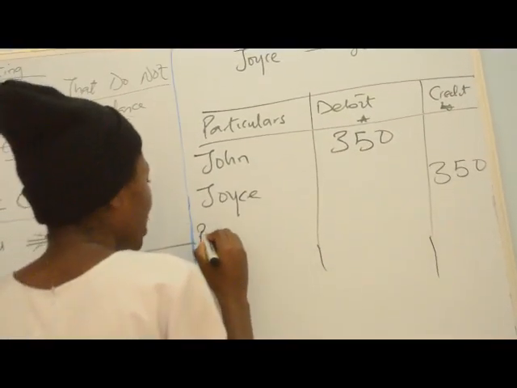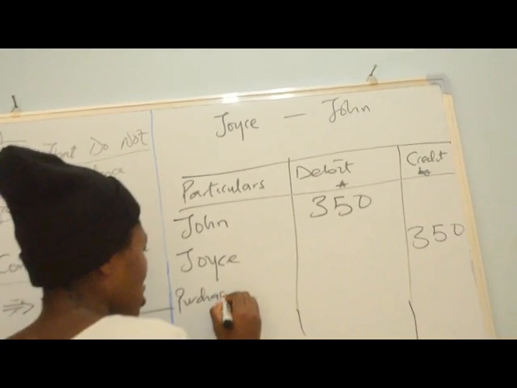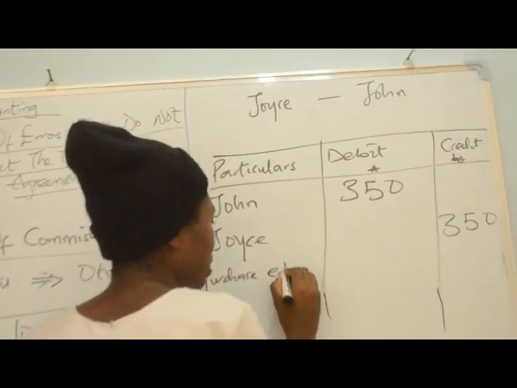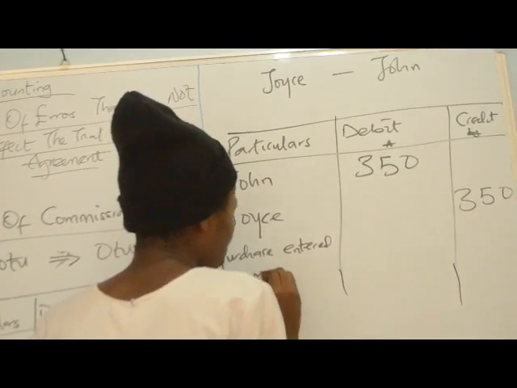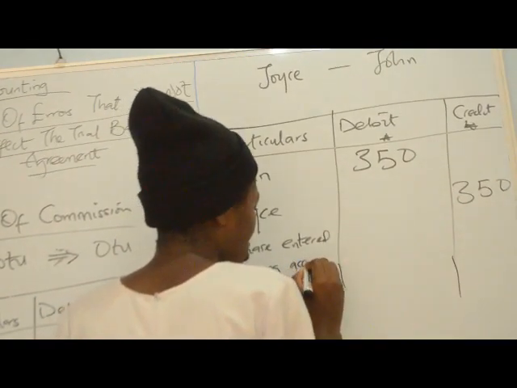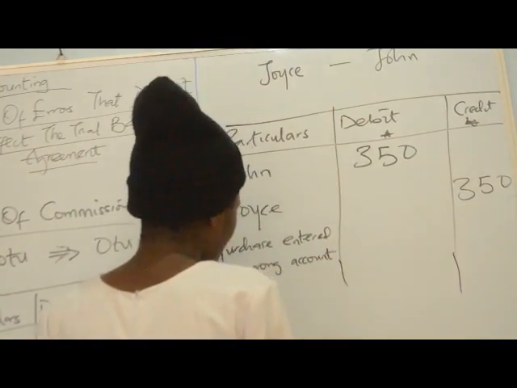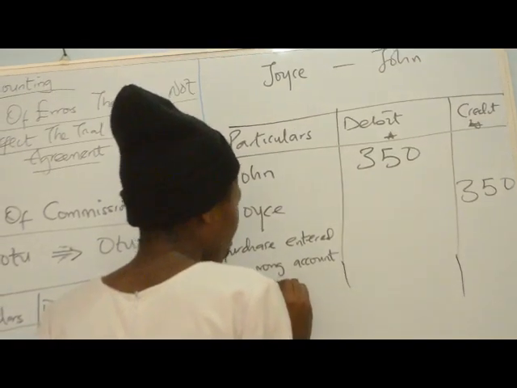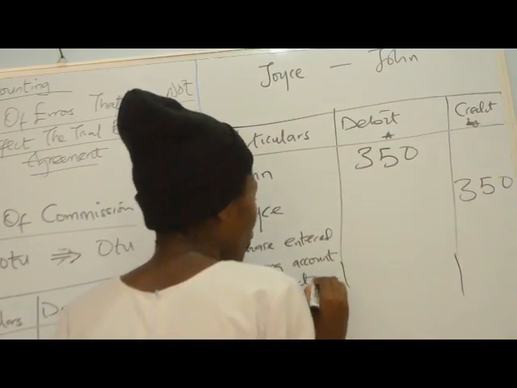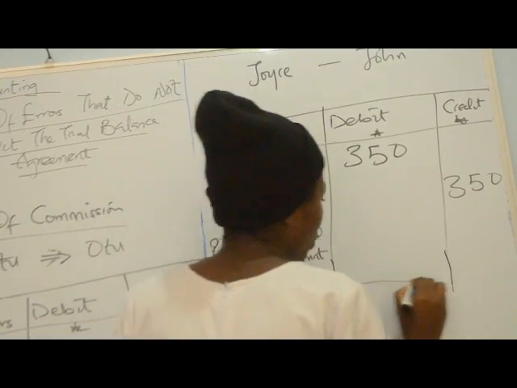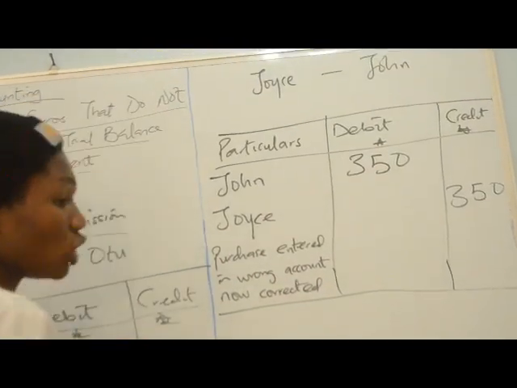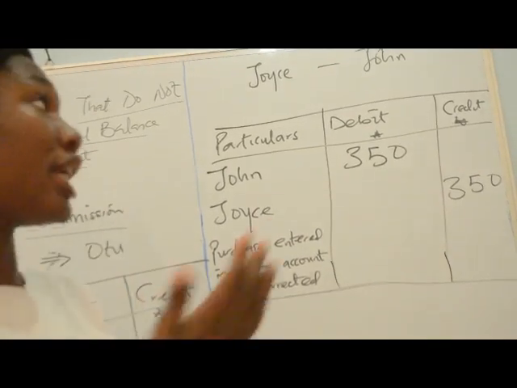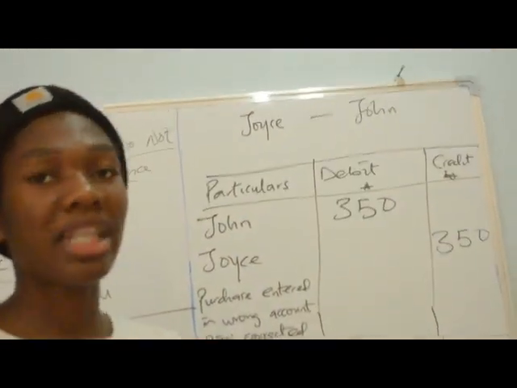So we'll have that purchase entered in wrong account, now corrected. For every error we are given, you must first understand what type of error it is, and then you know how to apply that.